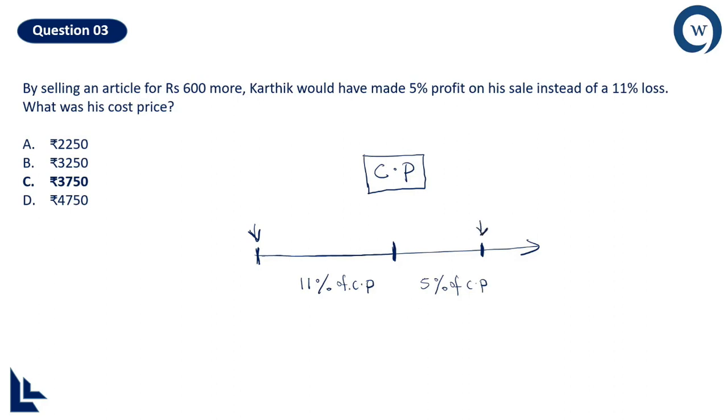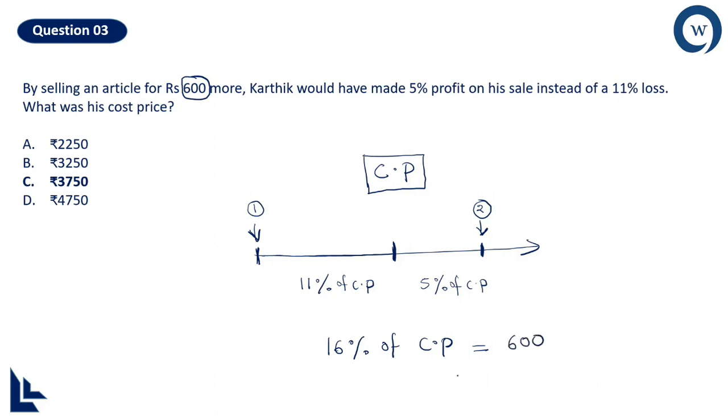Now you tell me, what is this distance from point number 1 to point number 2, what is the total distance? Distance means 11% of cost price is here, 5% of cost price is here, which is a total of 16% of cost price. And that 16% of cost price difference is 600. So that directly brings me to the conclusion, 16% of the cost price is 600.